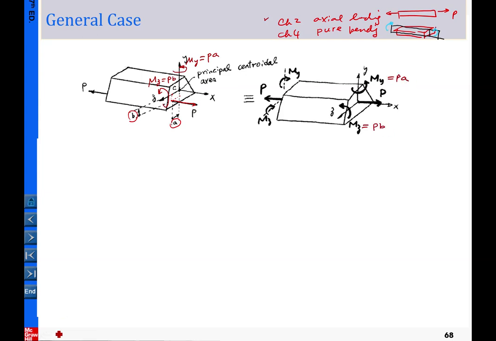Once you have this, you can decompose and apply the superposition principle. We say this is a cross section, and I simply look at it from this viewpoint, like a little guy sitting on this axis looking from this viewpoint. Here we have three cases.